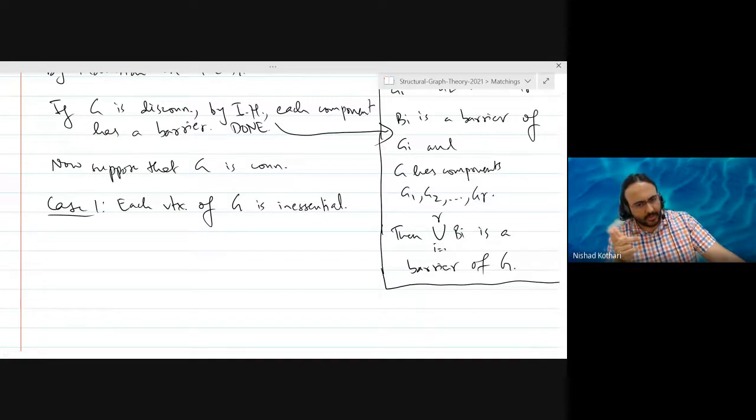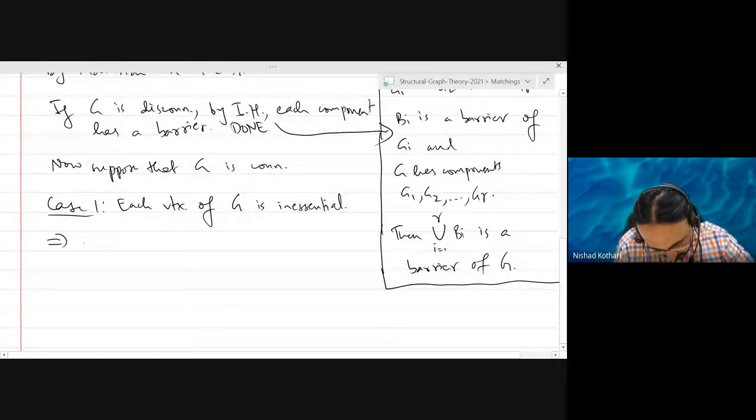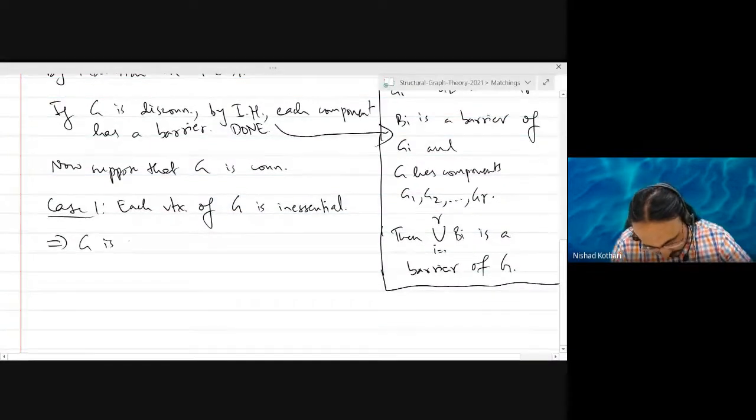What does that mean? If you have a connected graph in which every vertex is inessential, what can you say about the graph? It's hypomatchable. So this graph G is hypomatchable, right?